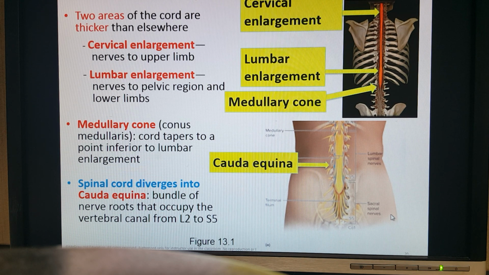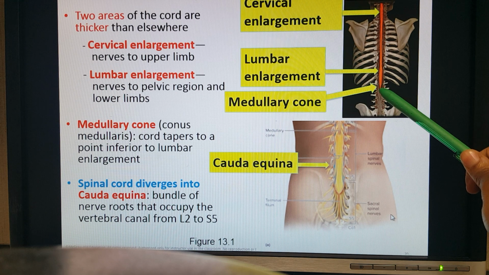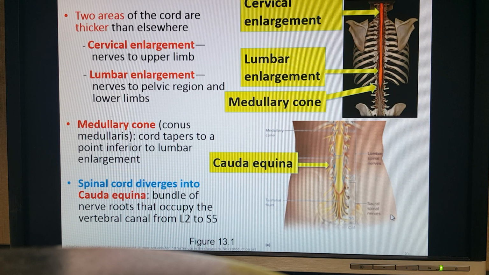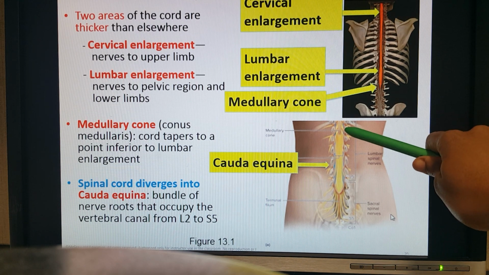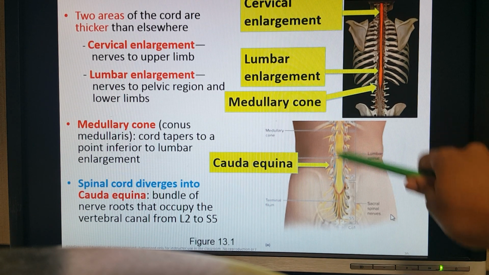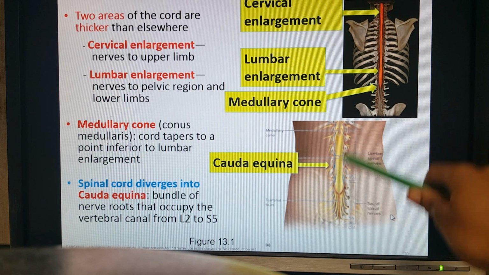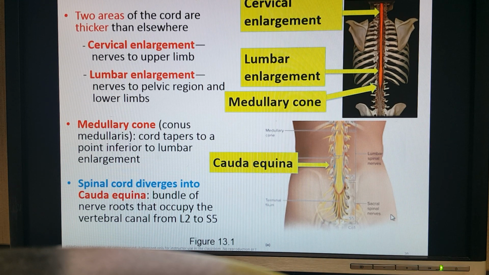At the tip of your spinal cord, you have your medullary cone. This is where the spinal cord tapers at the end, inferior to your lumbar enlargement. And then after that, your spinal cord will diverge, branching off a bunch of strands, kind of like hair, into the cauda equina.